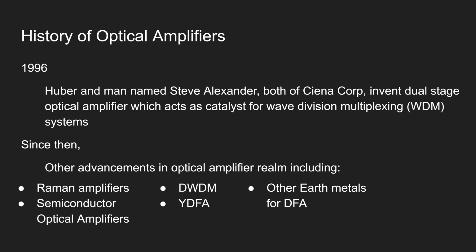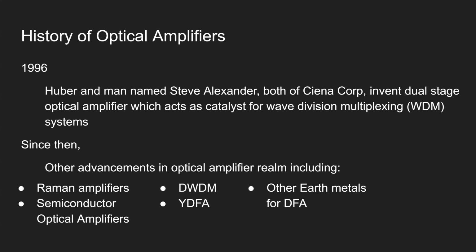And then since then, you have the other amplifiers, the Raman and the semiconductor based, which I mentioned earlier, as well as others. And then you have dense wavelength division multiplexing, which allowed for even more optical signals to be transferred at a time.